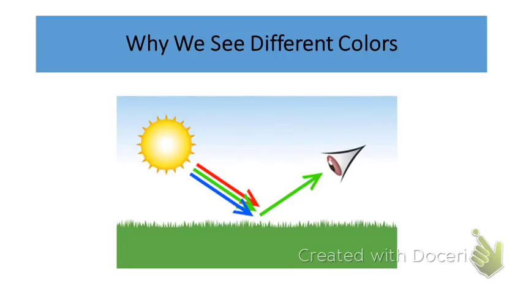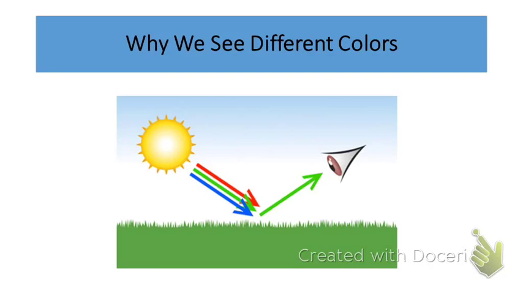So for instance, we have three colors here, red, green, and blue, and grass will absorb red and blue color, but it will not absorb green. Green wavelengths and frequencies it will actually reflect, and that reflected green light is then picked up by our eyes and interpreted by our brain that grass is green because of the reflected light.